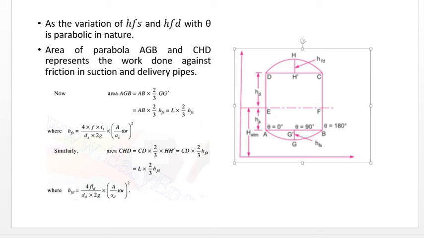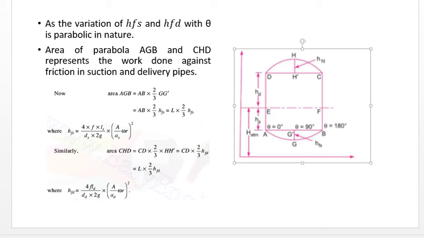We all know the value of HFS. Here at GG dash, HFS value is maximum, that is 4FLS ds into G, capital A upon AS, omega r to the whole square. Similarly, the area of CHD is equal to CD, that is the stroke length L, into 2 by 3 HS dash.